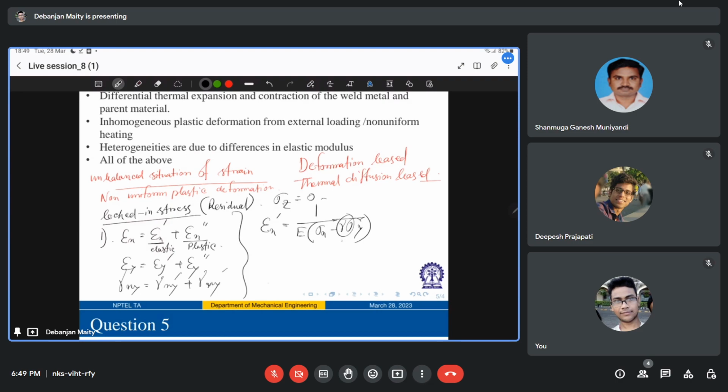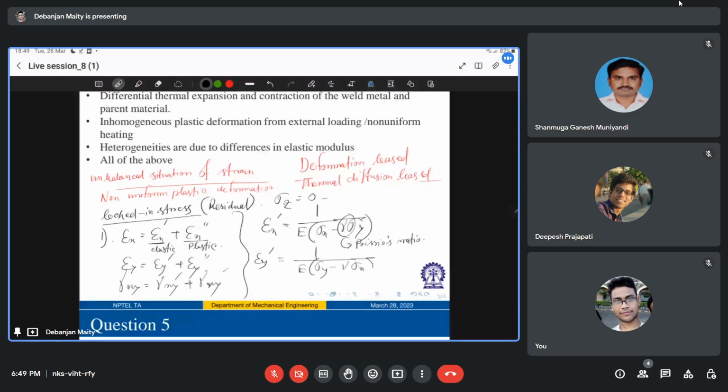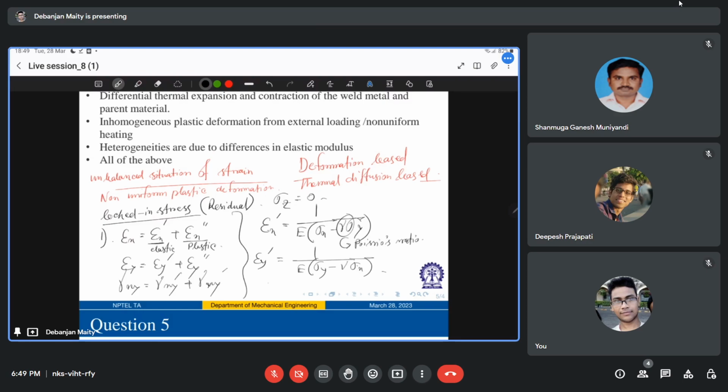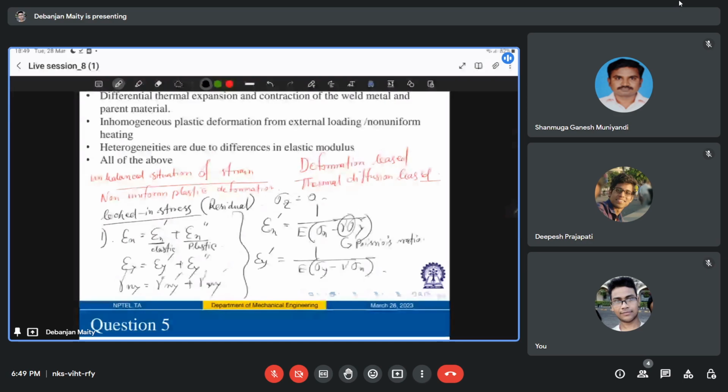I hope you have come across these equations sometime. And epsilon y dash will be sigma y minus mu sigma x. You have come across these equations, right? All of this I am talking about in the elastic range.